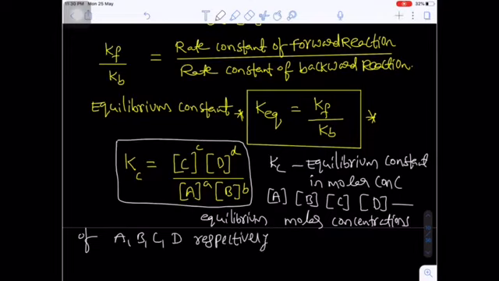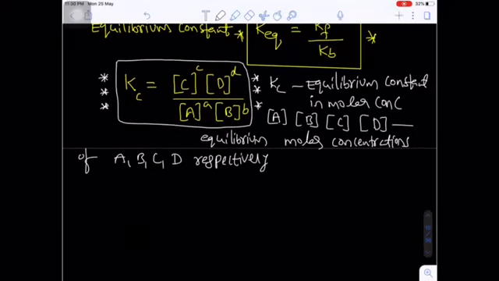Equilibrium concentration of square bracket capital A, square bracket capital B, all these concentrations at equilibrium. This is a very, very important formula which is useful to calculate the equilibrium constant in molar concentration.